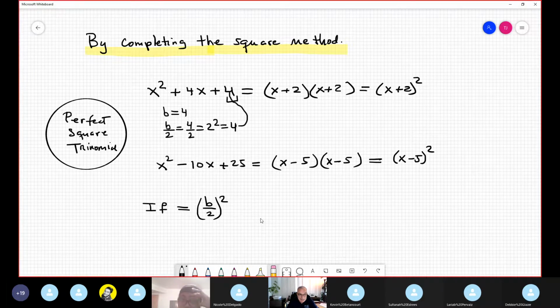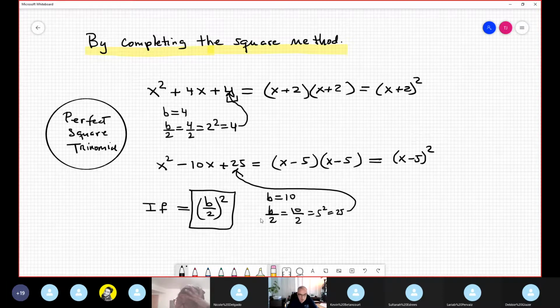It's exactly the same as this number, and this is the magic formula. Let's see the second. In the second, b is 10. I don't care about the sign; the sign is not important. 10 divided by 2 is 5, and 5 squared is 25. Exactly the same number here. So the important formula is this: (b/2)^2.